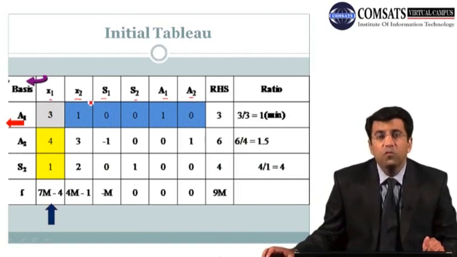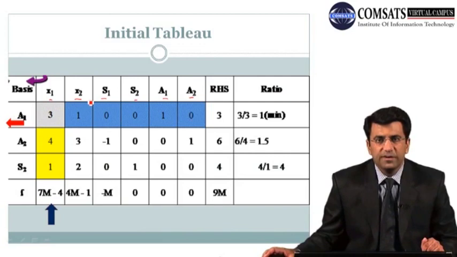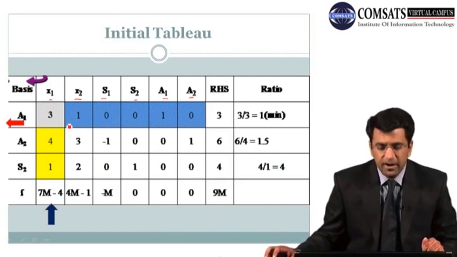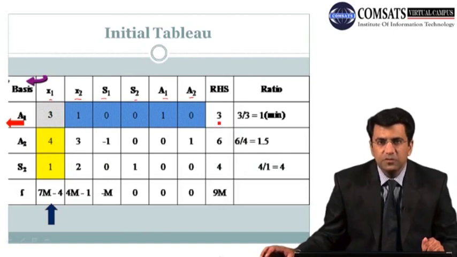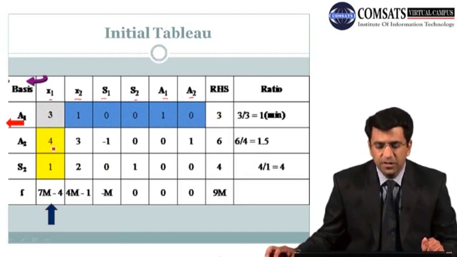Now we will put the coefficients of all of our equations into this table. Our first equation is 3x1 plus x2 plus a1 is equal to 3. So we put all the coefficients here for the first equation.